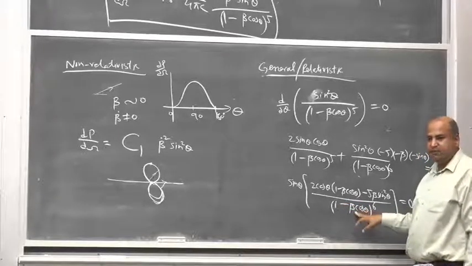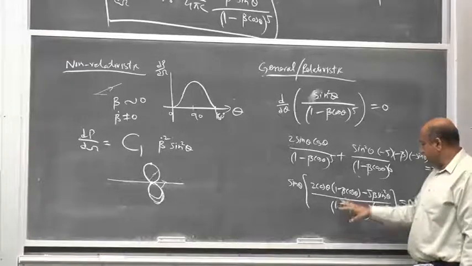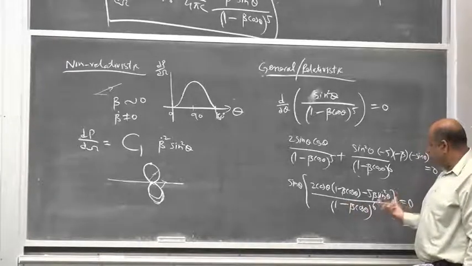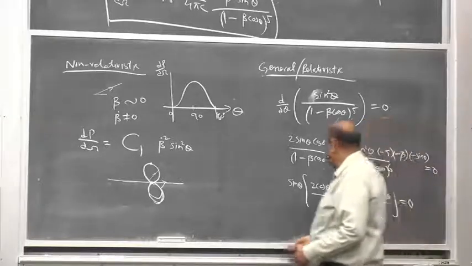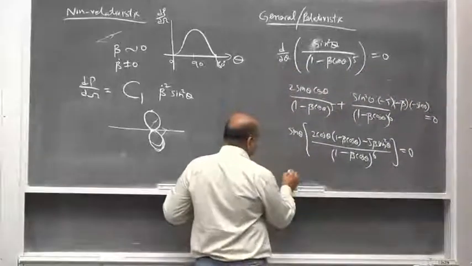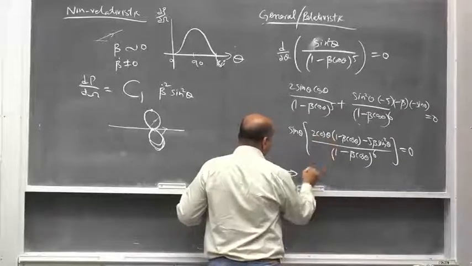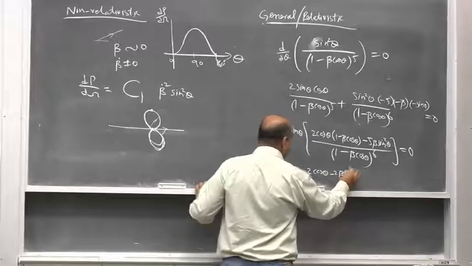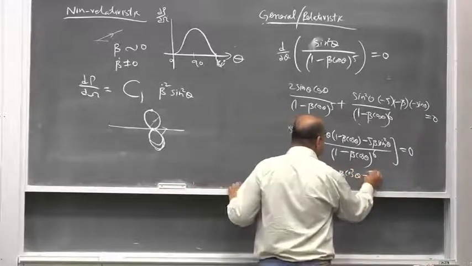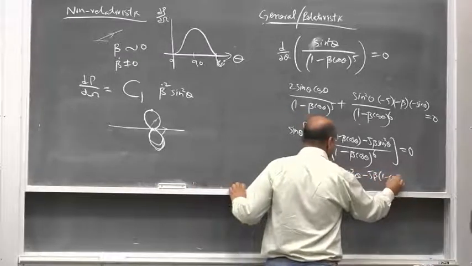Even beta cannot be greater than 1. So that part also goes away. The only possibility is that this thing is equal to 0. So two cosine theta minus 2 beta cosine square theta minus 5 beta 1 minus.